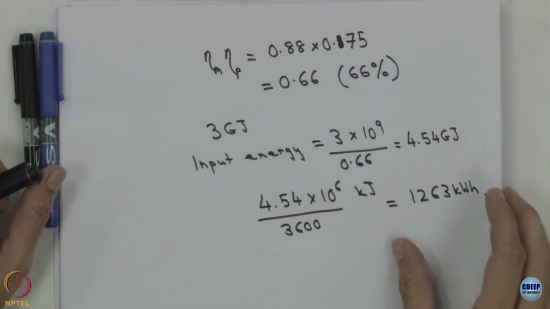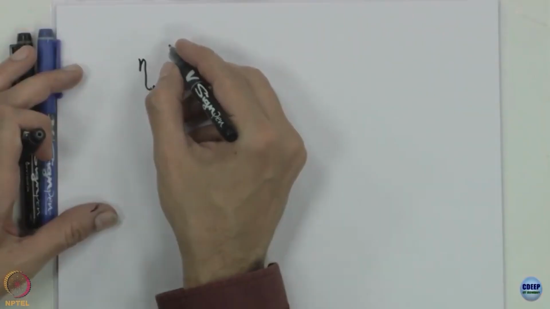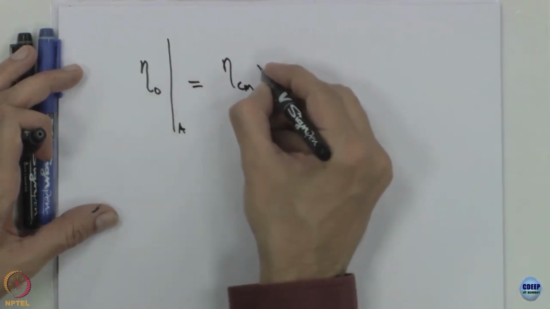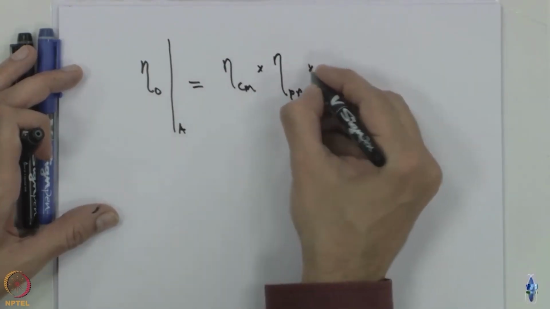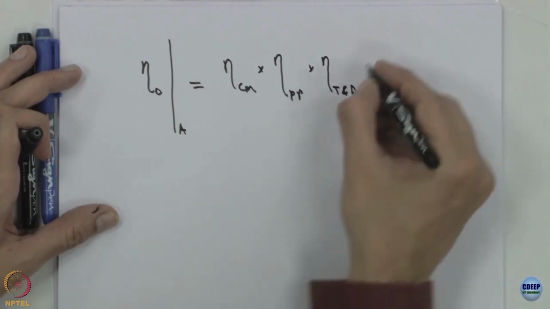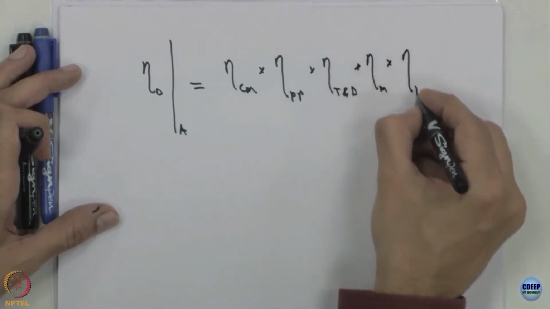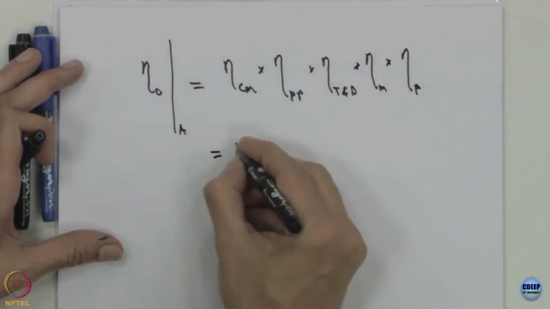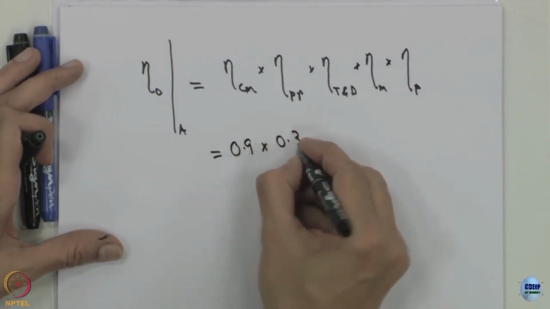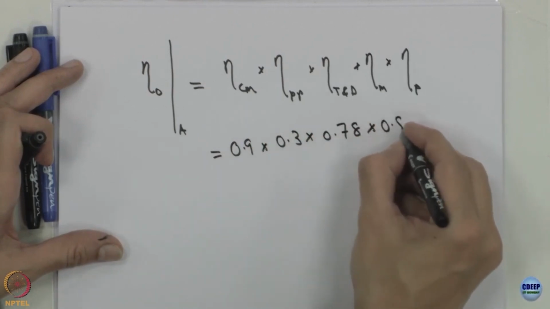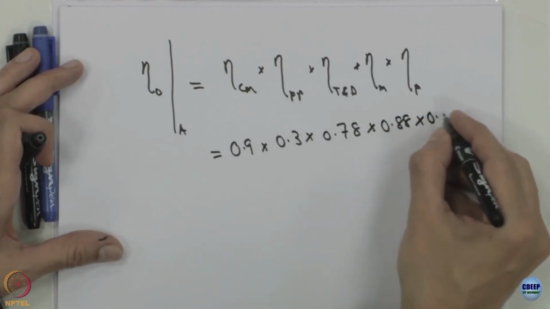We can also calculate the overall efficiency, and the overall efficiency, eta overall for case A, is eta Cm into eta Pp into eta Tnd into eta M into eta P, and this is 0.9 into 0.3 into 0.78 into 0.88 into 0.75.